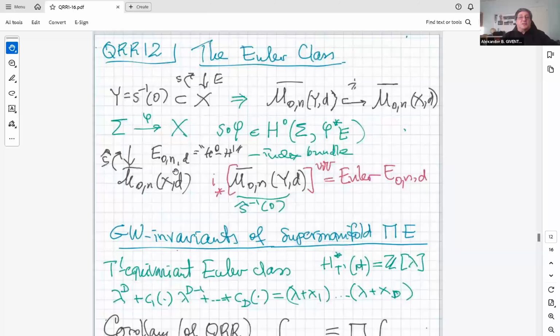In other words, S induces a section, not that S hat here, a section of that index bundle, E_{0,d}, which consists of H^0 minus H^1.